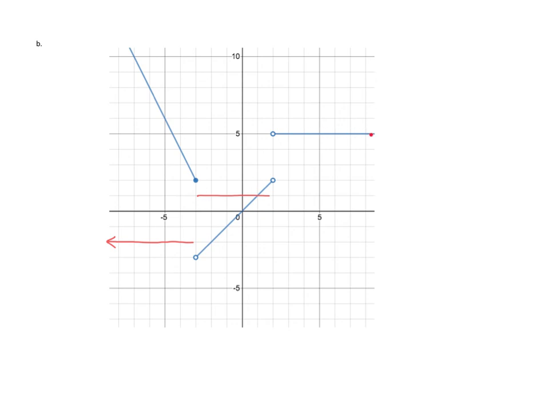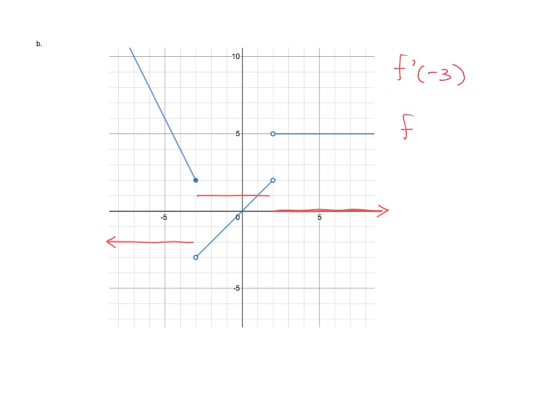What's the slope of this line? The slope of this line is 0. Therefore, the derivative of this part is 0. Kind of hard to see that, but I'm tracing along the x-axis. But what about the derivative at the individual points -3?